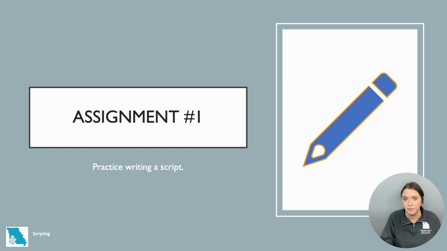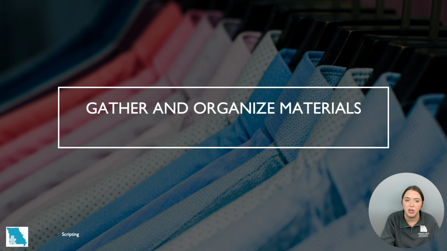It's really important that you gather and organize your materials. You want to be ready and prepared for when this script is implemented. Are there going to be handout hard copies needing to be printed? Do you need a specific communication partner, and if so, is that person available for that student? Do you need specific toys or materials for when this script is implemented?